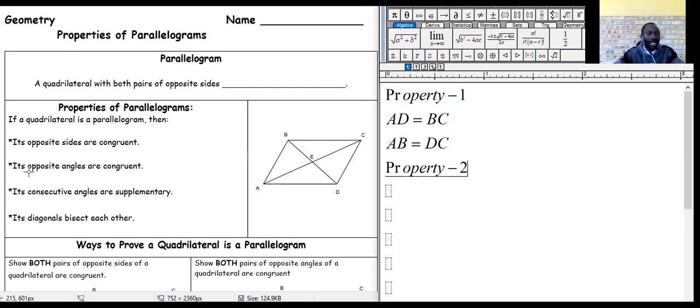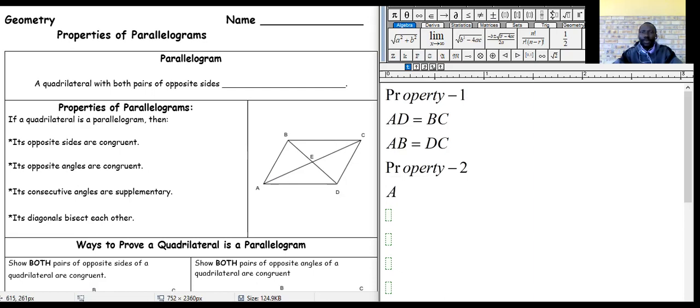Well, let's read it. It states, its opposite angles are congruent. That is, the angle at A equals the angle at C. See, that is what it means. How do we represent angles?